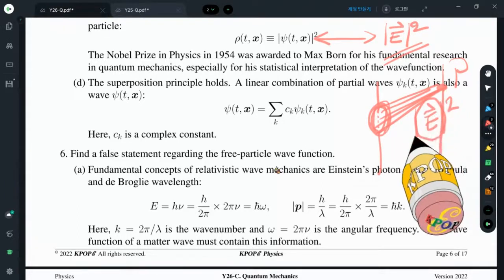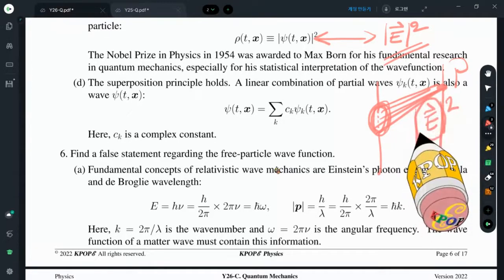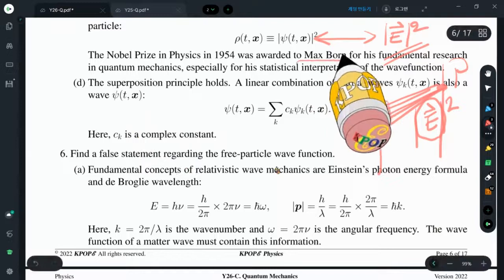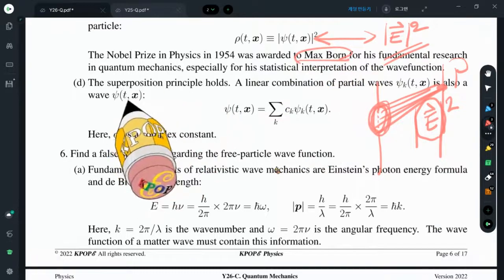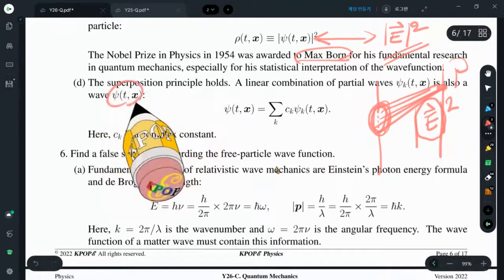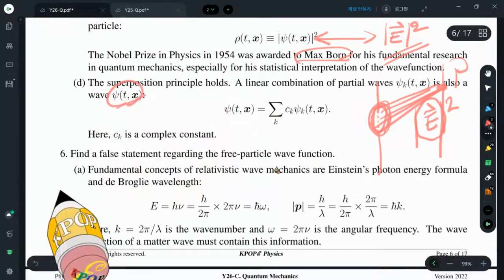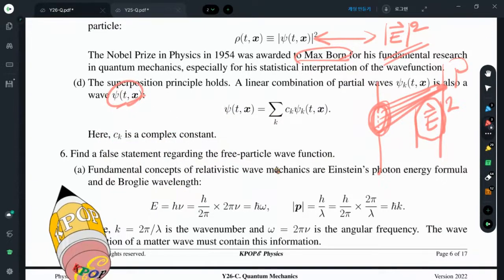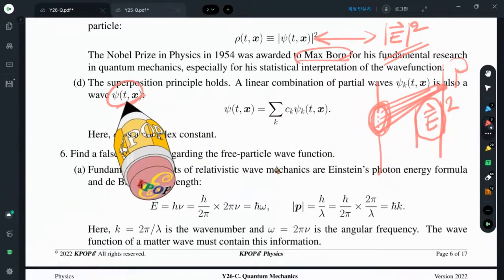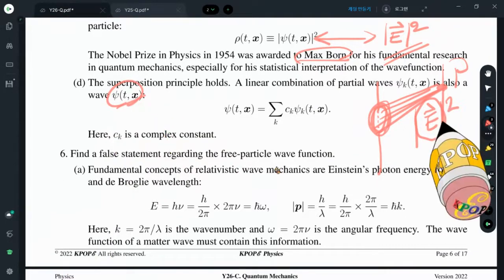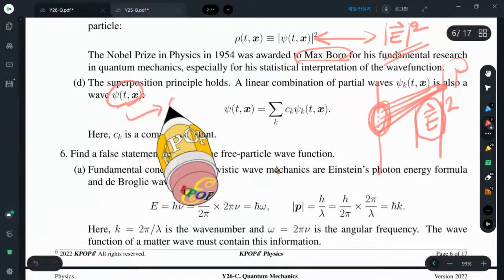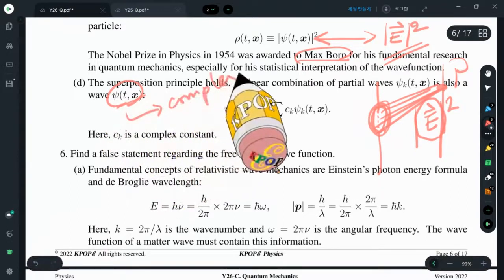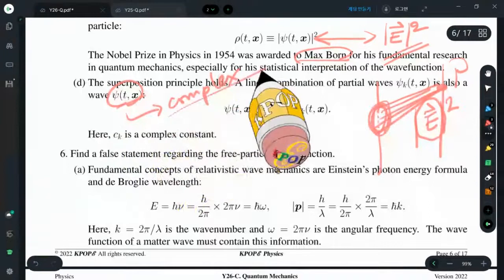Just like what we did for the electric field, Max Born introduced the idea that the solution for this wave equation, called the Schrodinger equation, behaves like the electric field, and it's a complex number, a complex wave function.